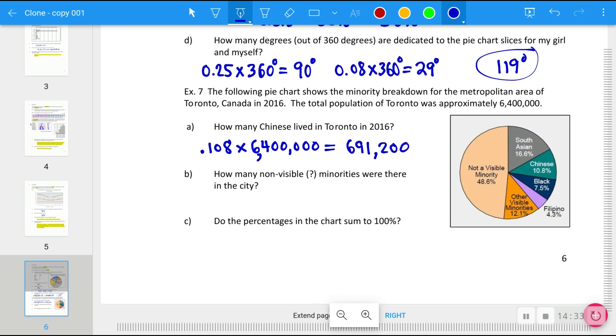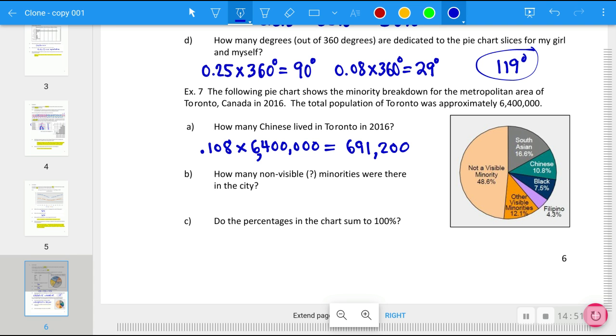Okay, how many non-visible minorities were there in the city? I have no idea what non-visible minorities means. I suppose that means you can't tell by looking at them if they're a minority or not. So this would be, I don't know, not really sure.